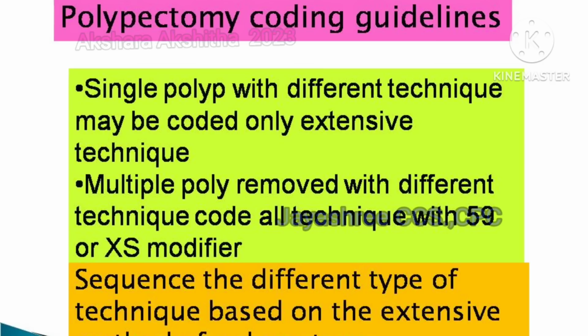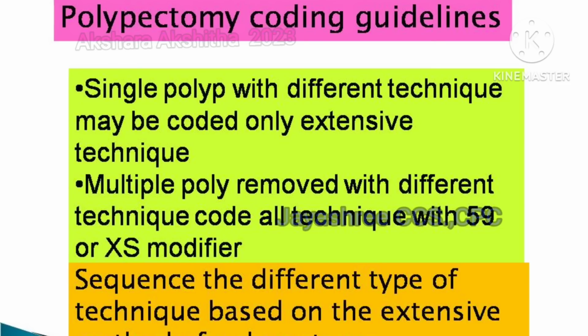So only one sigmoid polyp is removed by two techniques. That means we only have to code the most extensive technique. We should not code two techniques for a single polyp. So hot technique, snare technique, which one is the more extensive procedure? Snare technique is the more extensive procedure.